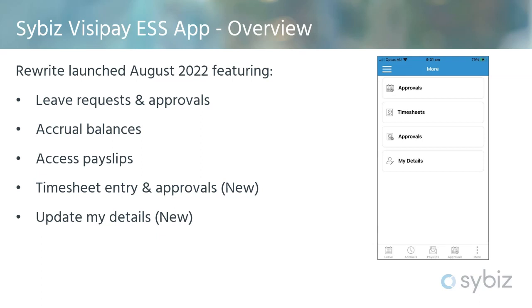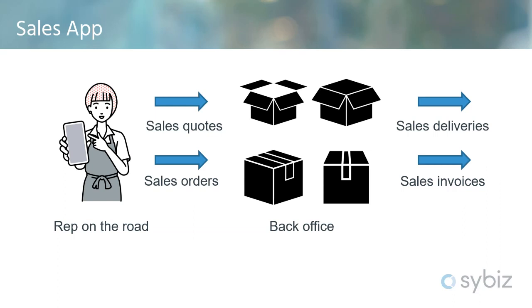So those are a couple of new features that have been added into the new version of the ESS app. A point there is that the app doesn't do absolutely everything that the website interface does for ESS, but it does the majority of what you can do on the web interface as well. So that's the ESS app from an overview point of view.